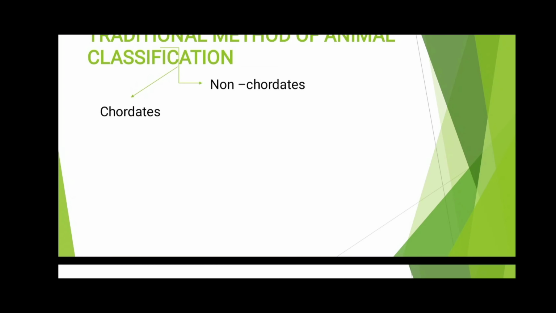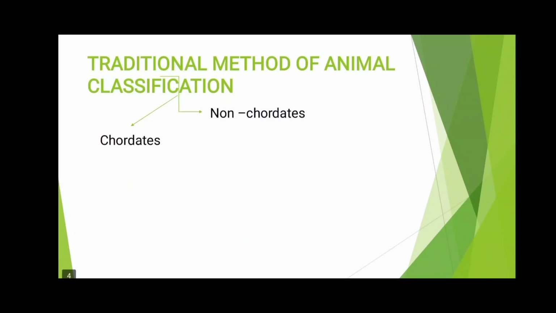Nerve cord, if present, is on the ventral side. Which side, Sujit? Ventral side. And it is also solid and paired. And the heart, if present, is on the dorsal side. Which side? Dorsal side. Okay, got it everyone? Yes.